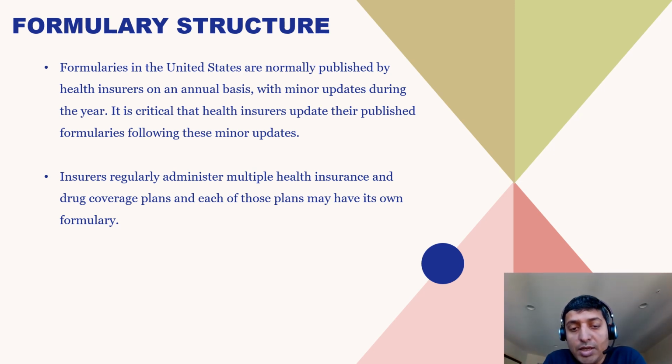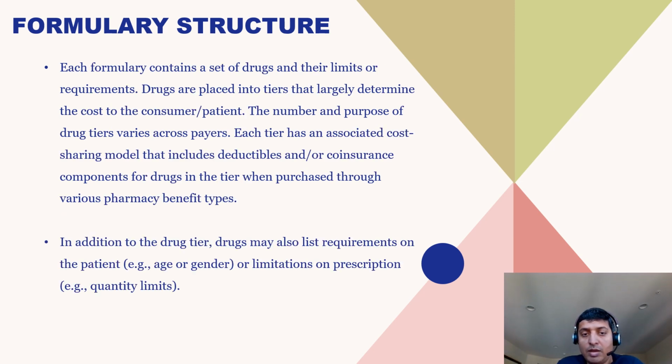What is the formulary structure? Formularies in the United States are normally published by health insurers on an annual basis, with minor updates during the year. It is critical that health insurers update their published formularies following these minor updates. Insurers regularly administer multiple health insurance and drug coverage plans, and each of these plans may have its own formulary. Each formulary contains a set of drugs and their limits or requirements.